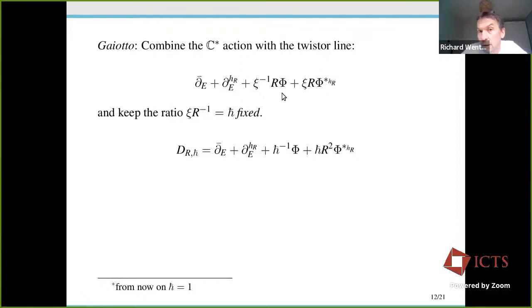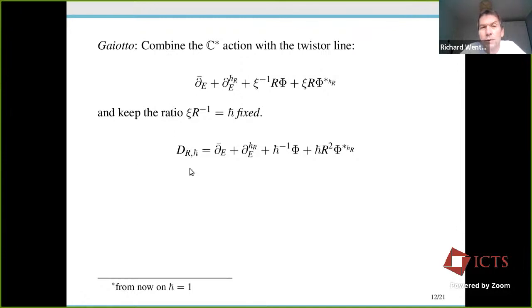Here, I'm just scaling by a real number, but you should think of that as being the C star action on the Higgs bundles. And then the C is going out along the twistor line. The idea is that you want to look at the family of flat connections that you get by doing those two operations in a fixed proportional manner. And of course, Gaiotto being a physicist, there has to be an h bar somewhere, so that's where the h bar comes in. But from now on, I'm just going to set h bar equal to 1.